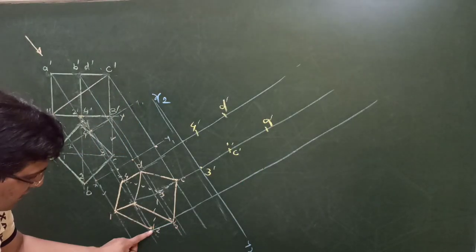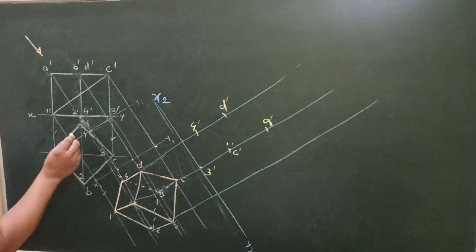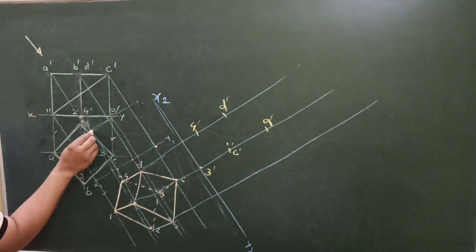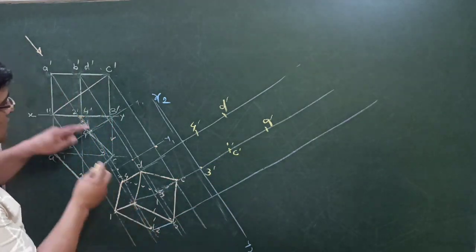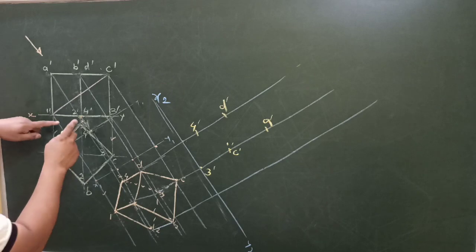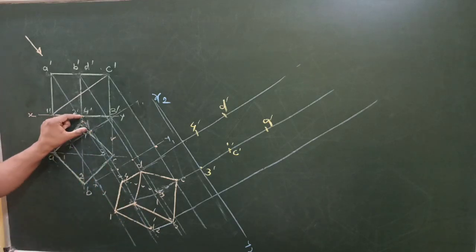For this we are having 2 and B. So take distances of 2 and B. So distance of 2 equal to distance of D, that is from XY line to 2 and B. So this is 2 from here to here.